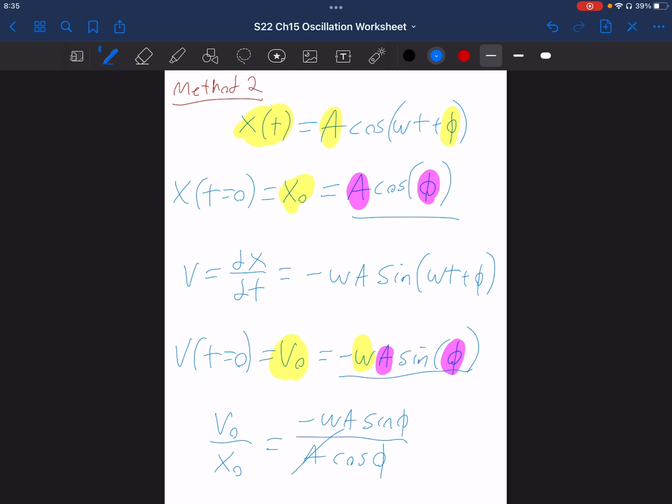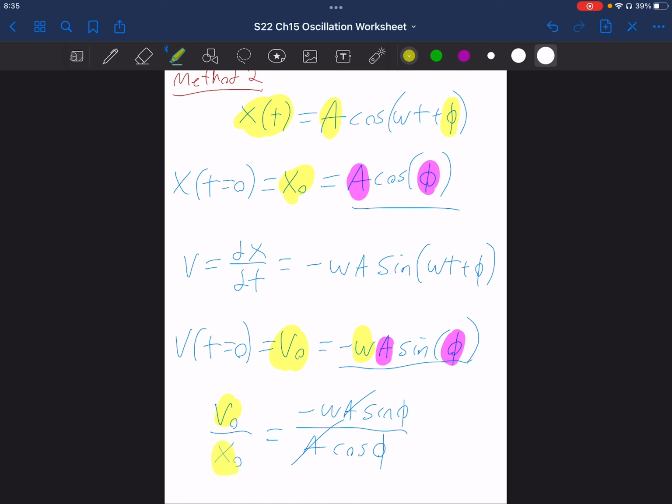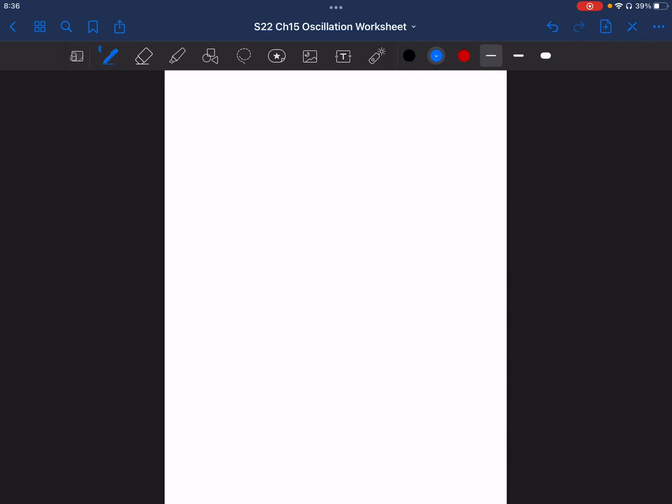And so when I do that, I can see my amplitude cancels out, and now I have an equation where that's known, that's known, that's known, and phi is my only unknown left. And so that's wonderful. This becomes equal to minus omega times tangent of phi. And so now I can go ahead and just solve for phi. I get phi is equal to inverse tan, or arctan, of minus v naught over omega times x naught.